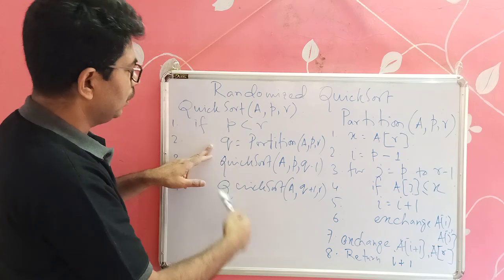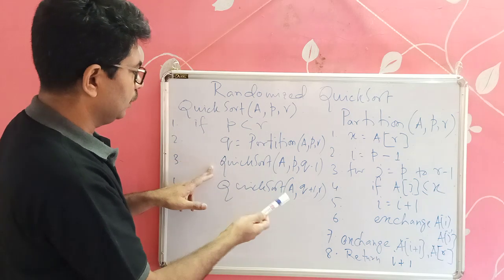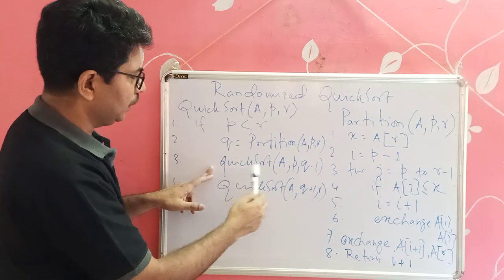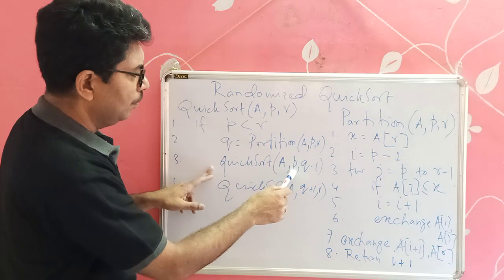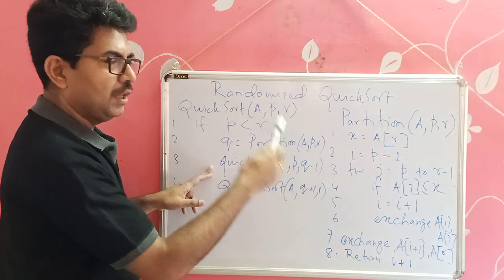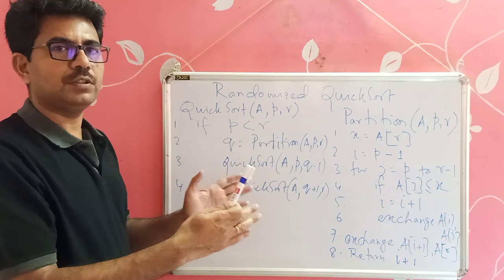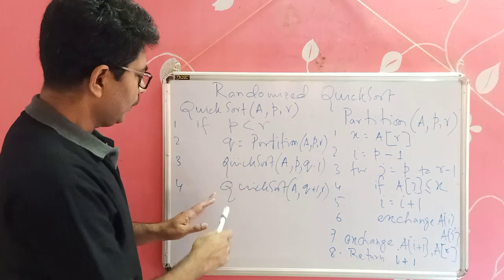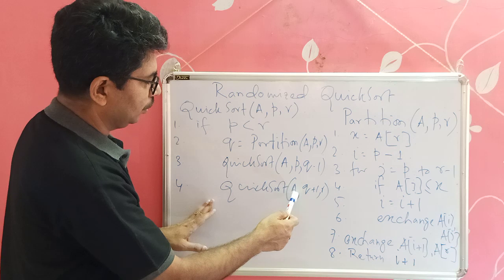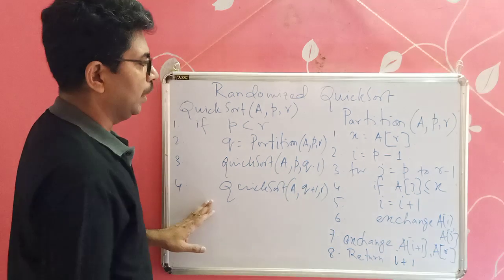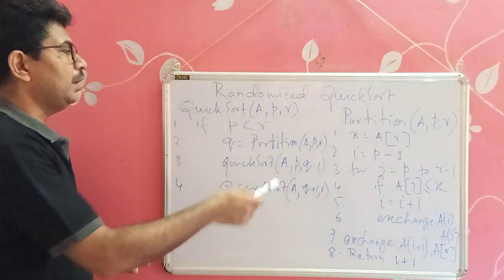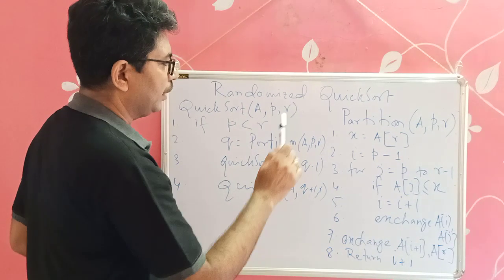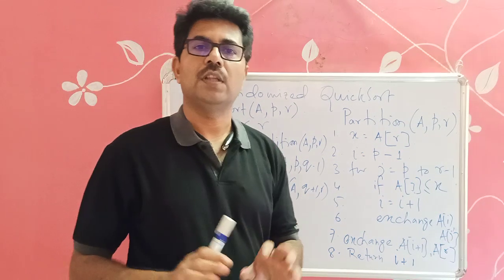Then we will call the same recursive function with A, P to Q minus 1, that is up to the element previous to the pivot element. Then again we will call the quicksort algorithm with A, Q plus 1 to R. And we know that this quicksort algorithm executes very well and sorts the elements.